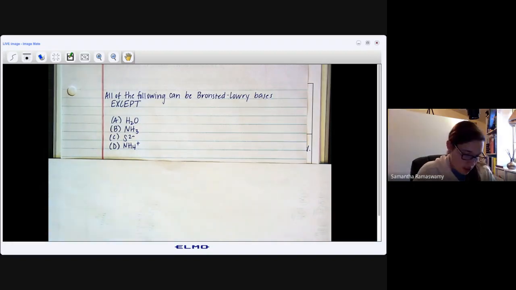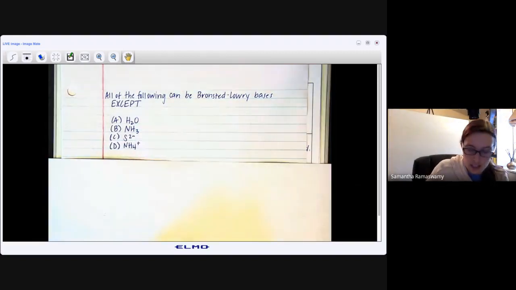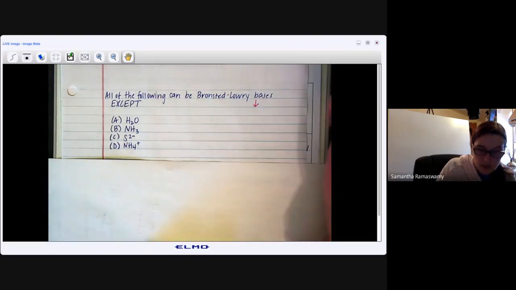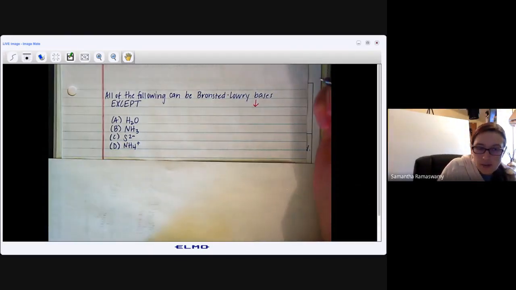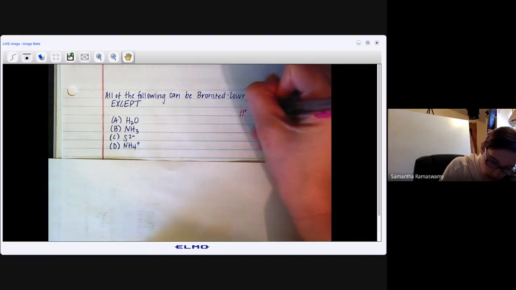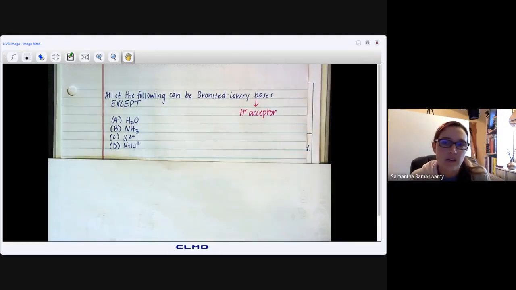So before I figure out my answer choices, I want to label this: Bronsted-Lowry base. A Bronsted-Lowry base, we know, is a proton acceptor.